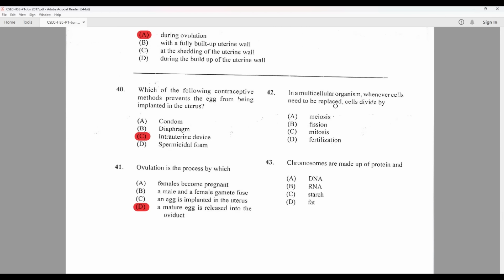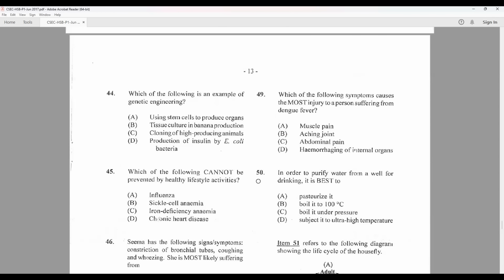In a multicellular organism, whenever cells need to be replaced, cells divide by doing what? Mitosis. Chromosomes are made up of proteins, which you know as histones, and DNA. Question 44.